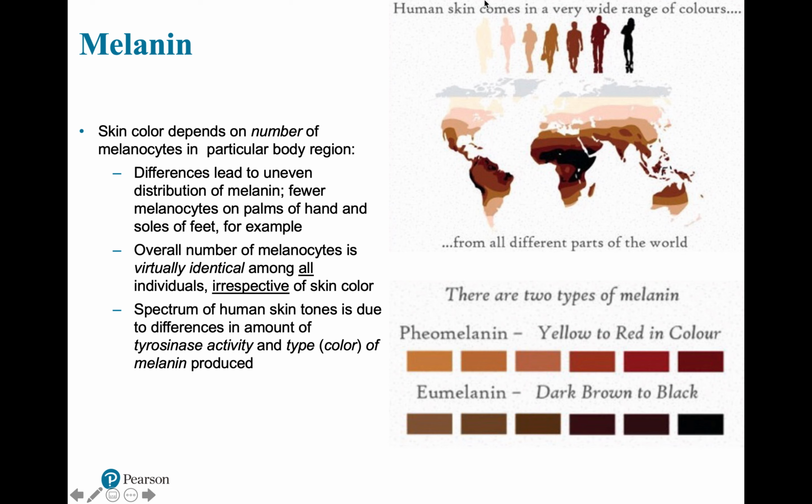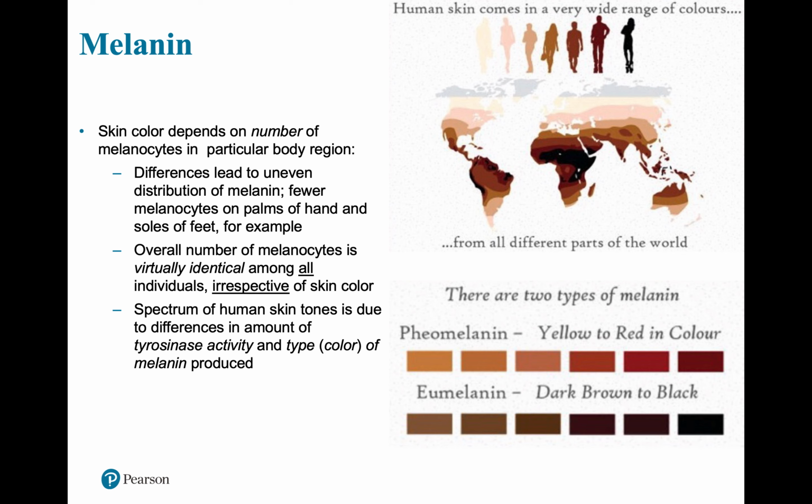Okay? And an interesting fact is that virtually all individuals, no matter what your skin color is, virtually all humans have identical or very similar numbers of melanocytes. So whatever your skin color is, we all have similar numbers of melanocytes.